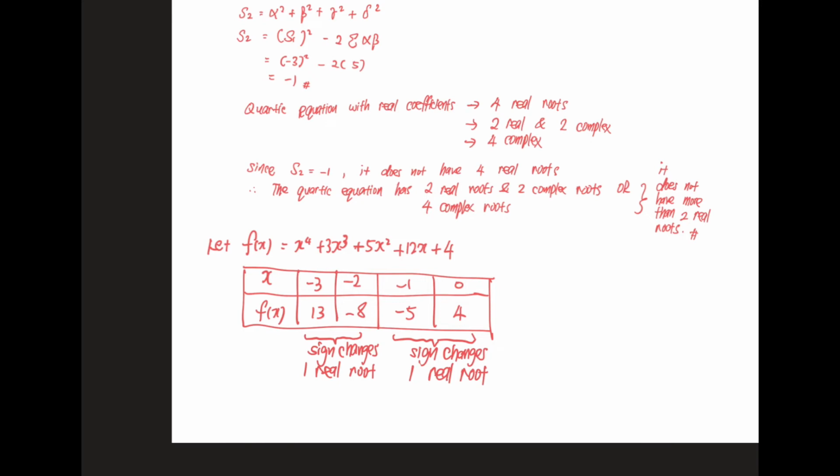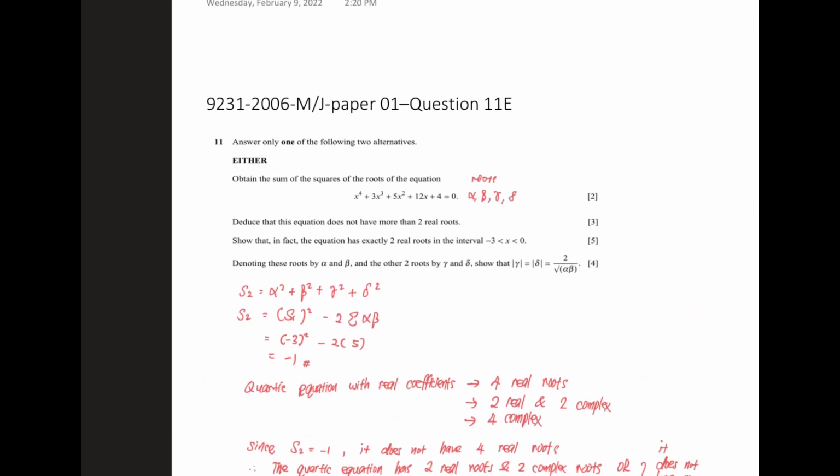And from here, we can say that there are two real roots in -3 to 0. So we managed to show that by using sign test.